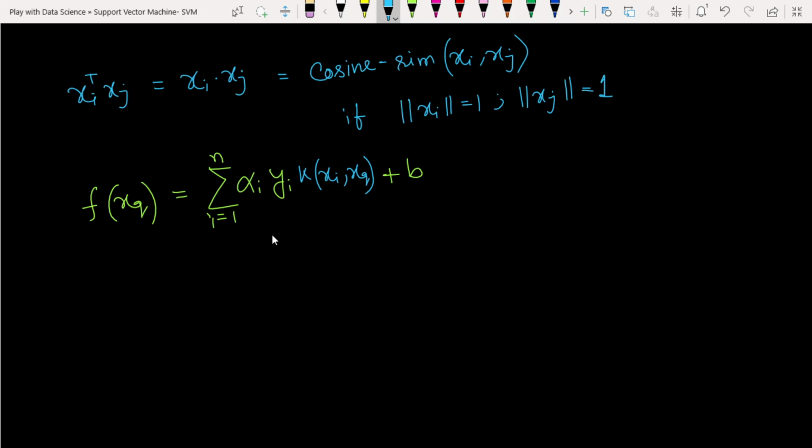In the next lectures of this series, we will see how the kernel trick is used to handle non-linearly separable data.